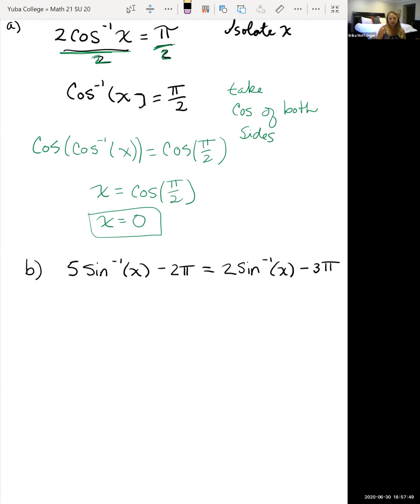Solving for this, we want to get all terms with x on one side and all terms without x on the other side. So let's subtract 2 sine inverse of x on both sides, and let's add 2 pi to both sides.